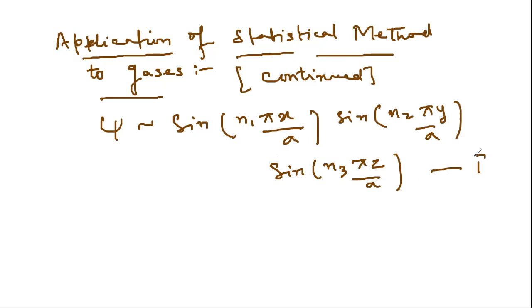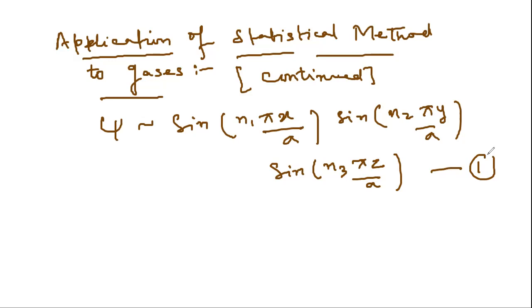We are ignoring the normalization constant. This was our equation first: sine of n1 pi x by a, sine of n2 pi y by a, times sine of n3 pi z by a, where the positive integers n1, n2, n3 simply give the number of half waves fitting into the cubical box of side A in the X, Y, and Z directions respectively. Then we talked about the density of states.